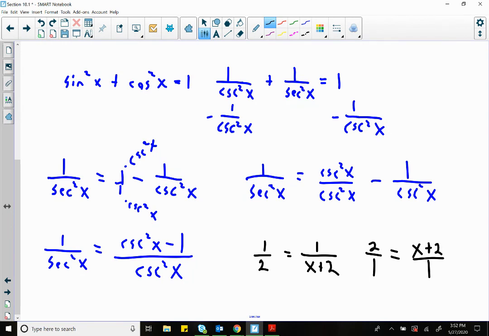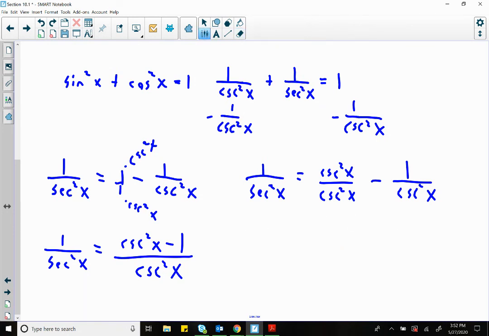If you take the reciprocal of each one of these fractions, this proportion still holds true. When you figure out x, it will be the same answer as if you figured out x right here. So I'm going to apply that proportionality logic now. If 1 over secant squared x is equal to cosecant squared x minus 1 over cosecant squared x, then that means this is also true.